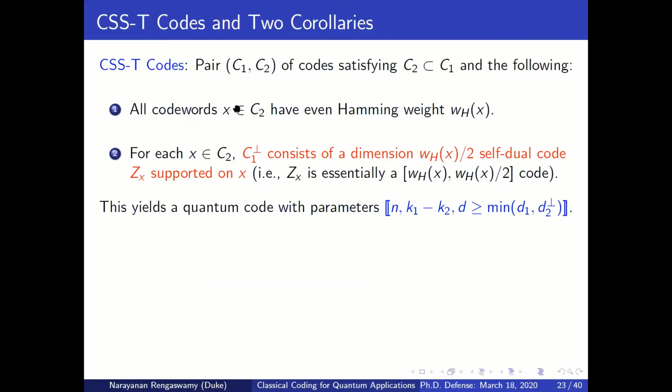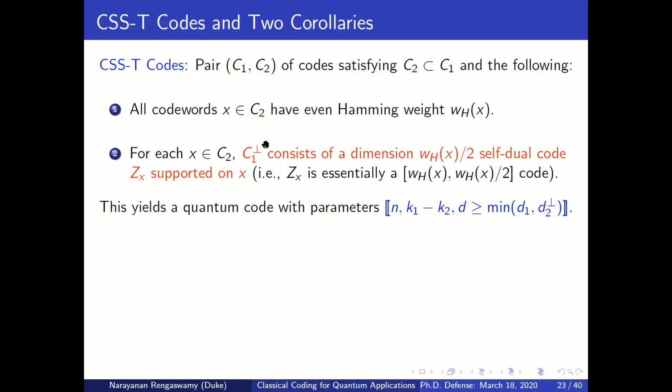The first condition is that every code word in this code C2 has to have an even number of ones. And the second condition is, for every code word X you pick from C2, C1 perpendicular, which is the code that is dual to C1, must contain a self-dual code that is supported on X. So for example, let's say X is 101101, which means the indices of non-zero entries are 1, 3, 4, and 6.